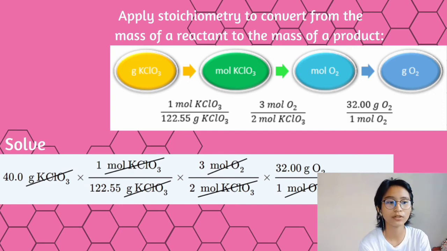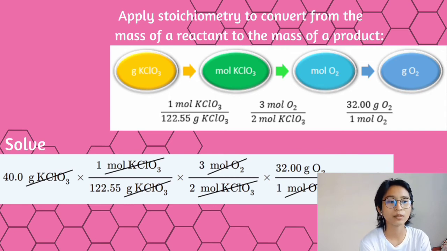We multiply 40 grams of potassium chlorate to the value of 1 mole of potassium chlorate to grams, which is the equation 1 mole of potassium chlorate over 122.55 grams of potassium chlorate. Then multiply it to the number of oxygen gas that appeared over the number of potassium chlorate that appeared in the reaction.